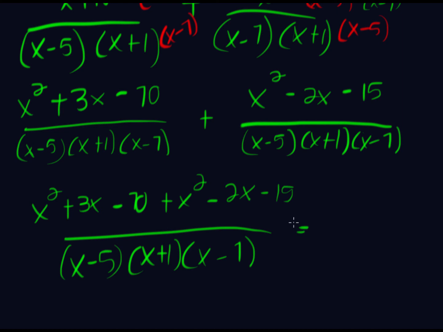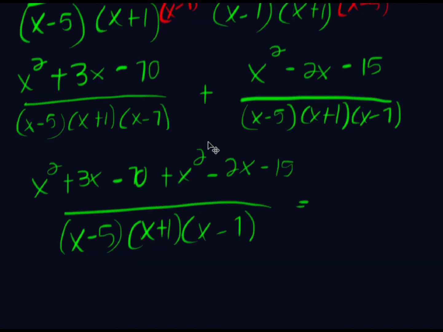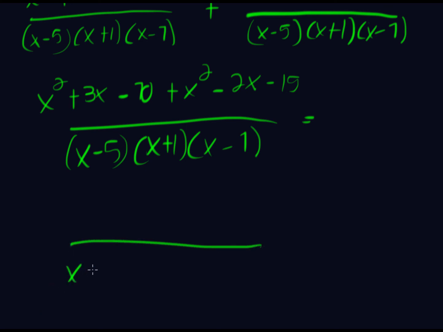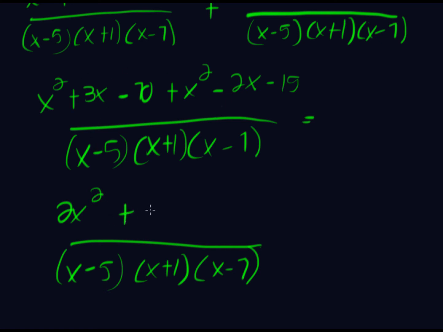And for the final answer, all we would need to do is combine our like terms in the numerator. So let's go ahead and write that denominator down again. x squared plus x squared is 2x squared. 3x minus 2x is just x.